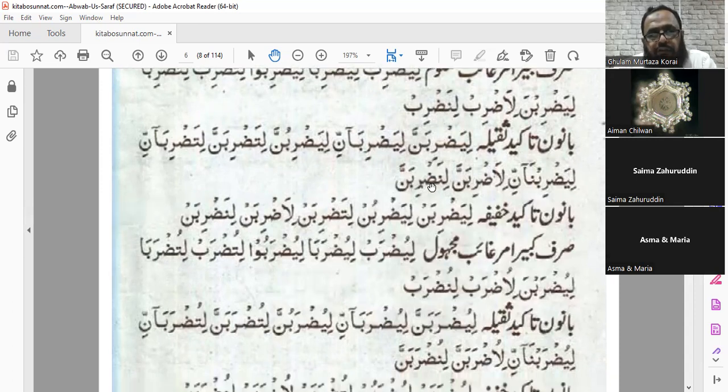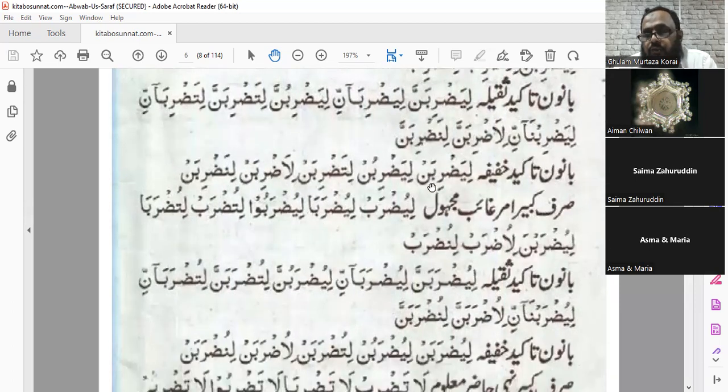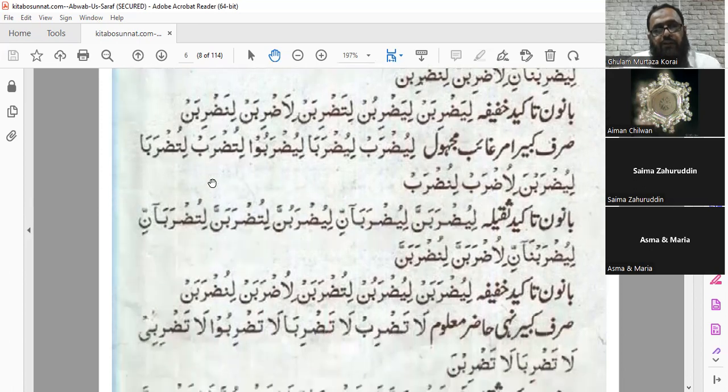And in Nun Taqid Khafifa, 3 sigas from Ghaib, Mudhakkar Ghaib and Muannath Ghaib: ليضربن ليضربن لتضربن, meaning Wahid Mudhakkar Ghaib, Jama Mudhakkar Ghaib, Wahid Muannath Ghaib Li Tadriban. Then Li Adriban Mutakallim, Li Nadriban Jama Mutakallim. And again, that is not that difficult.